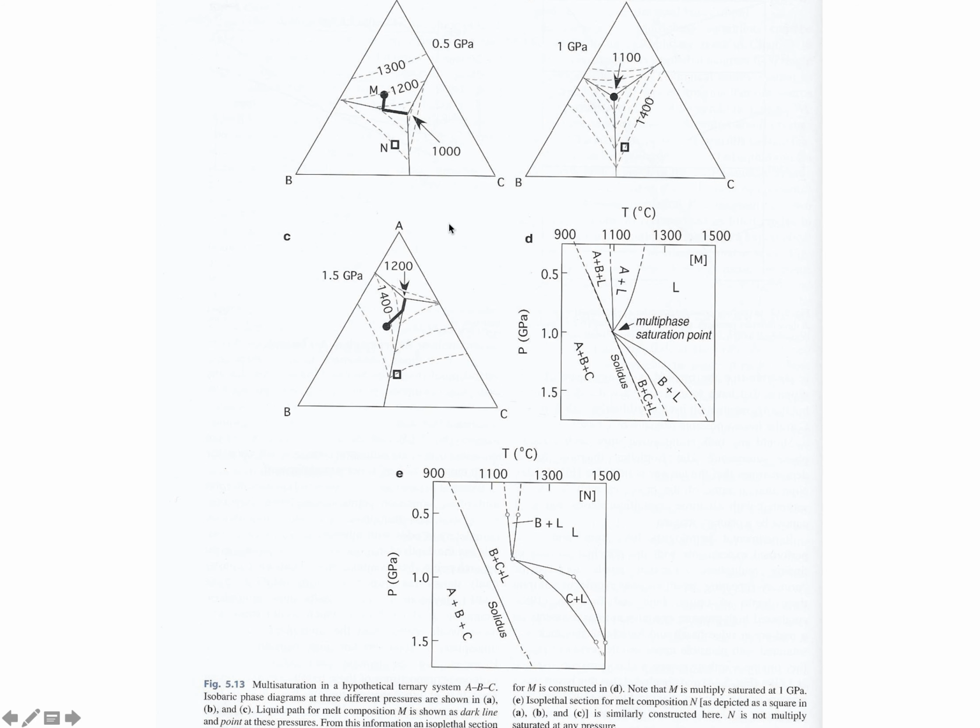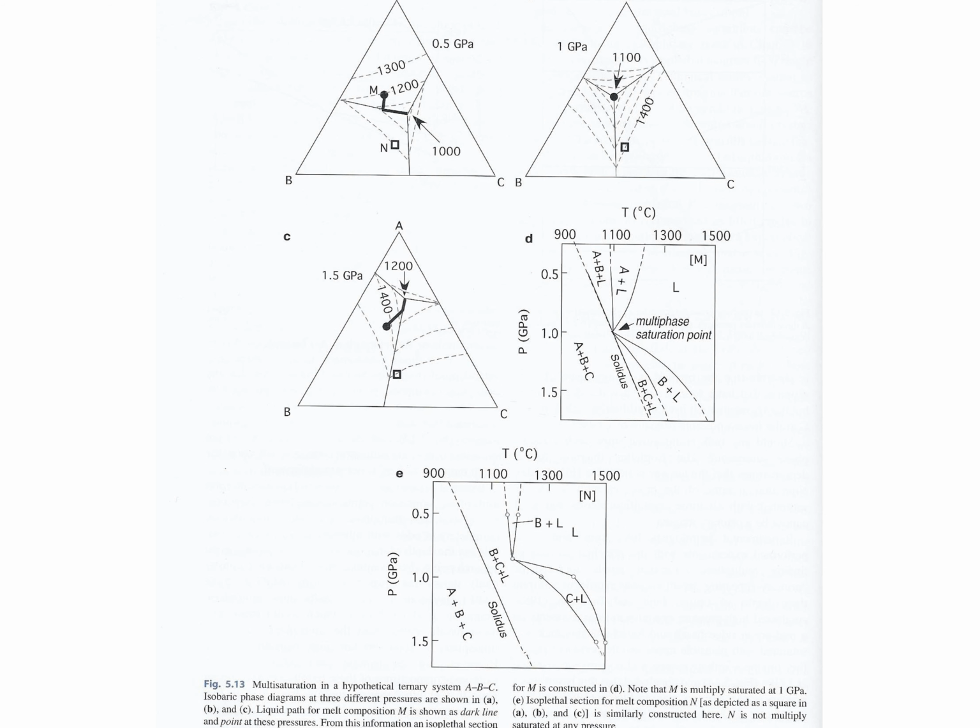Now you can see how the composition varies in our ternary system depending only on pressure and temperature. We are forming a rock or a partial melt, depending on which side we are looking at it from, dependent on the pressure and temperature conditions.